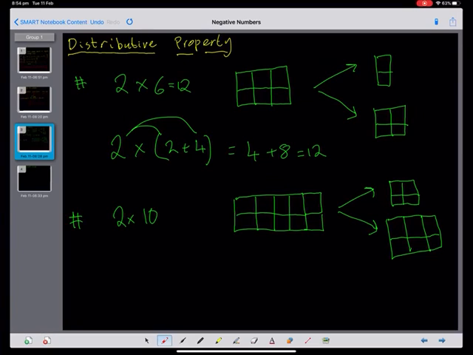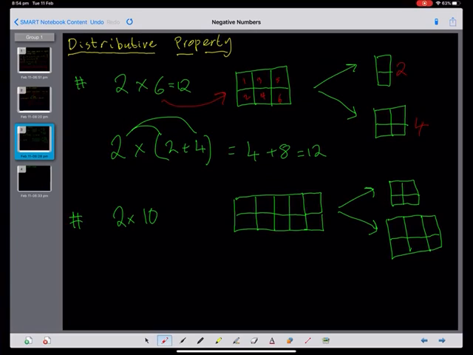So we've got 2 times 6, which we all know is 12. So I've just represented this 6 with a diagram here. So we've got 1, 2, 3, 4, 5, 6 squares, and we've partitioned that 6 into 2 and 4. 4 plus 2 is 6.